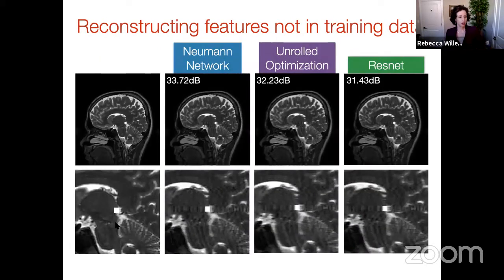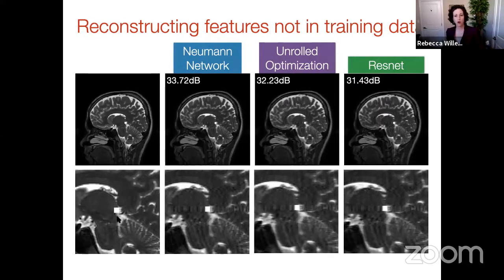We also are interested in how well we can reconstruct features that are not in the training data. In this example, my student Davis trained these different networks to reconstruct these MRI images. Then we created a test image, shown here and then zoomed in below, where we introduced a small artifact, or a square-shaped tumor, that was not present in any of the training data.